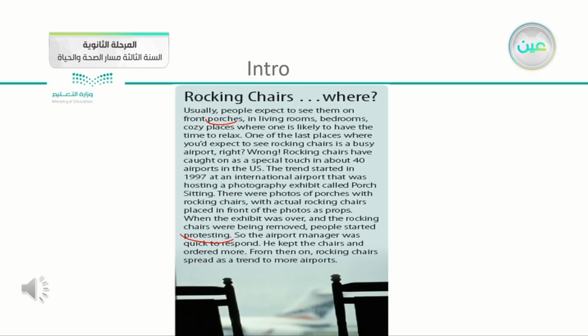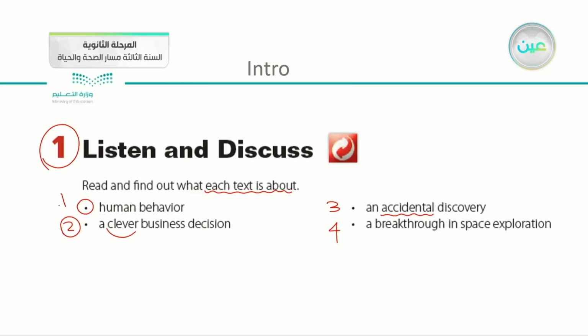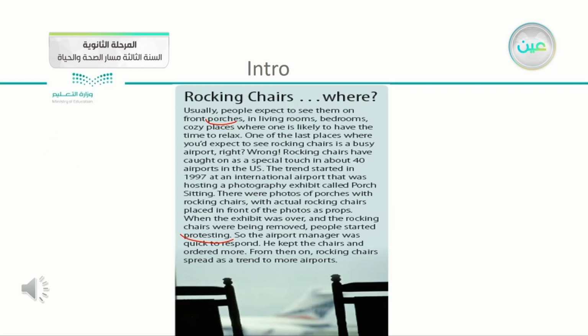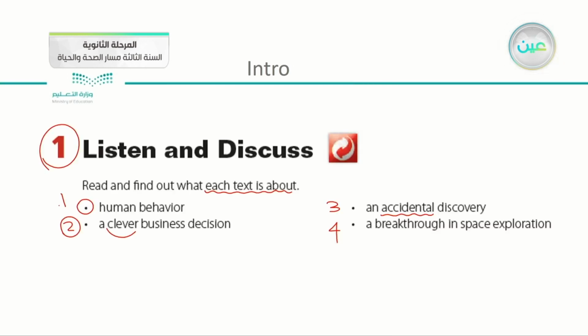In your opinion, to which category does this story belong? Does it belong to human behavior or a clever business decision? I think this one belongs to number 2, a clever business decision.